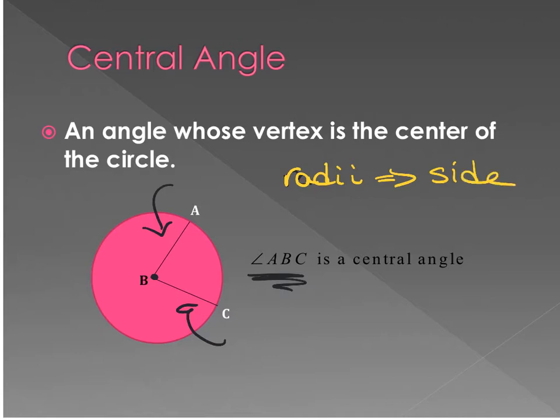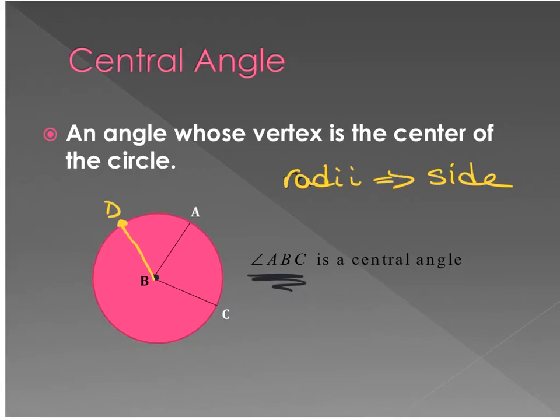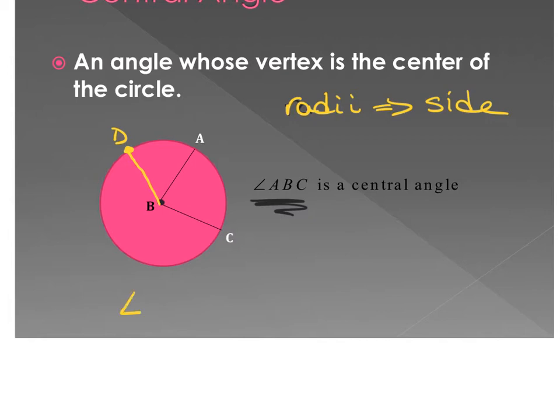Now, let's say I put in another point just to show you some more central angles. Let's say I add point D here. Now that I've added another point onto my circle, I could say angle DBA is a central angle.